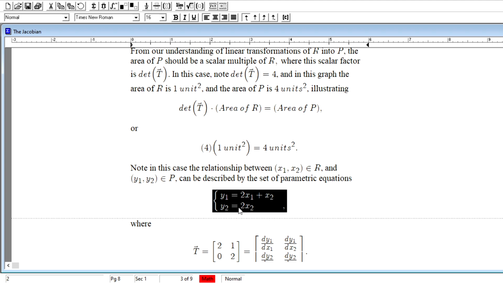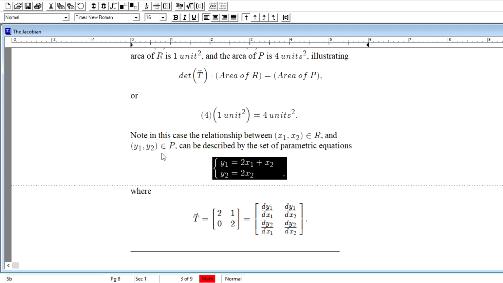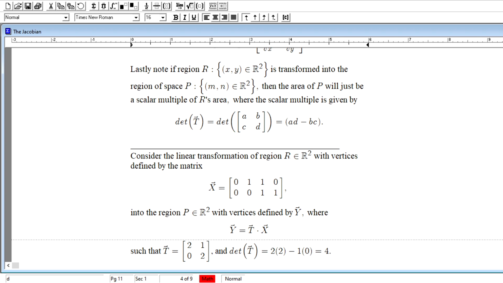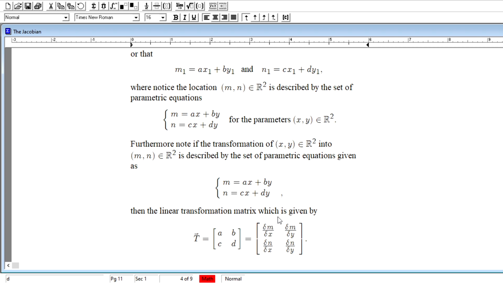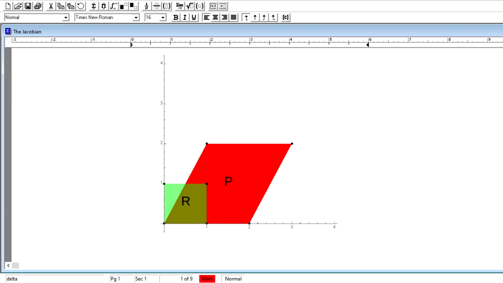In this case, the set of parametric equations would be given by this here, where y1 in P would be described by 2 times x1 plus x2, and y2 in P would be described by simply 2 times x2. Where we would then take note is if we took the partial, and again, I've got to correct that notation there. We need partials in that idea.